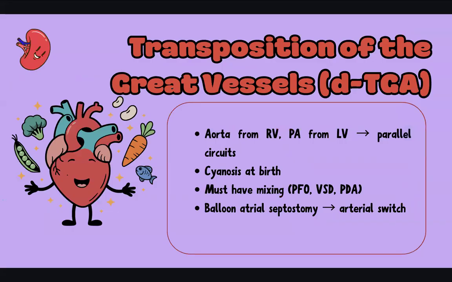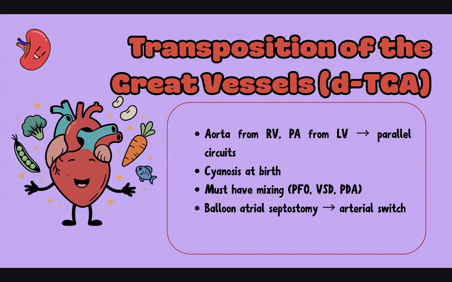All right, TGA. The aorta comes from the right ventricle, and they have a PA from the left ventricle, and they have their own parallel circuits. What I mean by that is oxygenated blood is going to flow in a circle, deoxygenated blood is going to flow in a circle, but the deoxygenated blood is never going to become oxygenated.